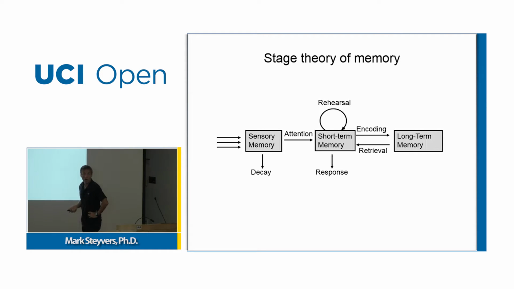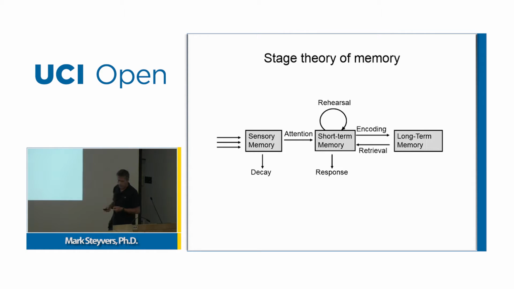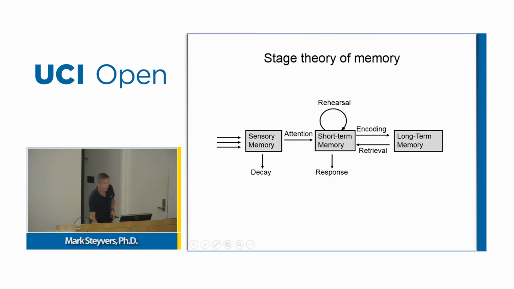The arrows show you how information can flow and what processes are involved in this information transfer. And there's incoming information from the environment in these arrows. And there's outgoing information. This is something that a participant in an experiment would say or would remember. So this theory says that what people remember overtly comes from short-term memory. It's not directly coming from long-term memory. You first have to retrieve it from long-term memory and then respond through short-term memory.